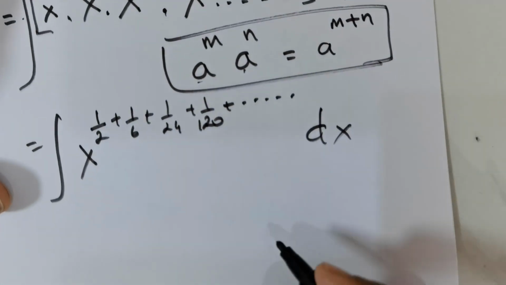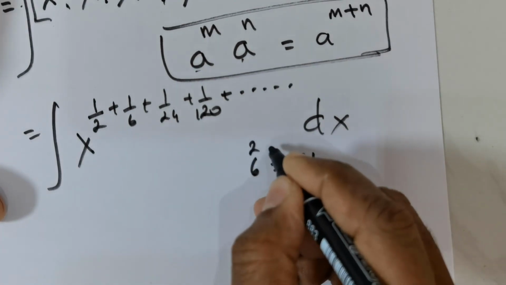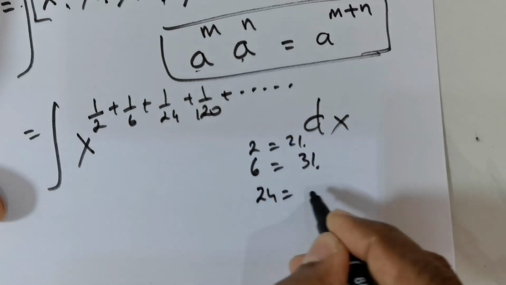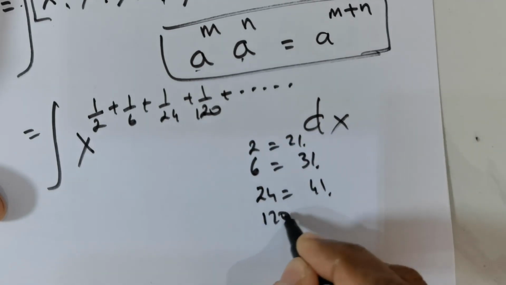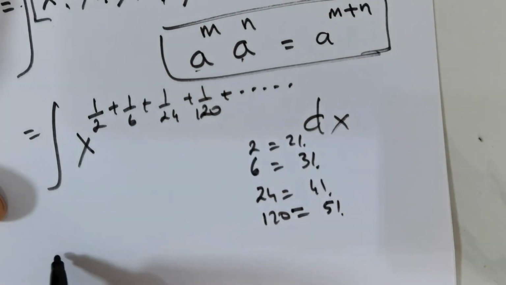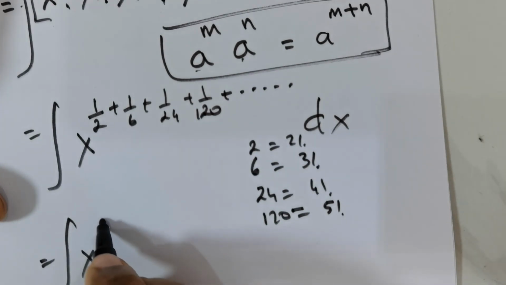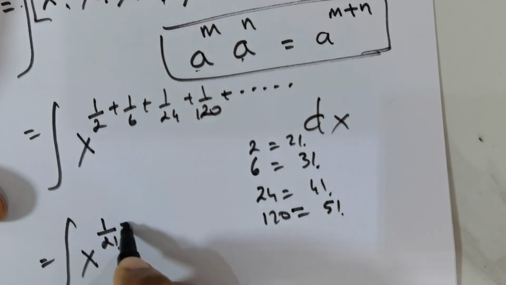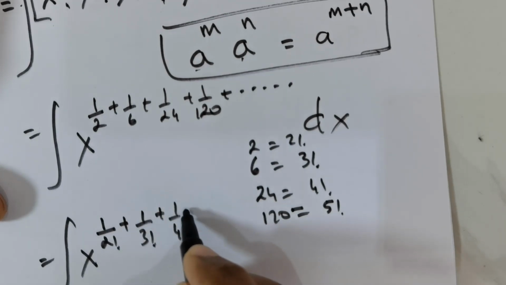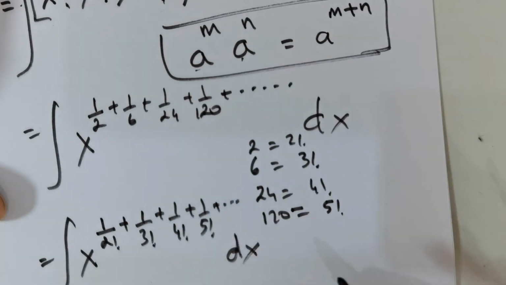Fine, fair enough. Now 6 is 3 factorial, 2 is 2 factorial, and 24 is 4 factorial, 120 is 5 factorial, and so on it goes. So I can rewrite this as integral x raised to the power of 1 over 2 factorial plus 1 over 3 factorial plus 1 over 4 factorial plus 1 over 5 factorial plus etc. times dx.